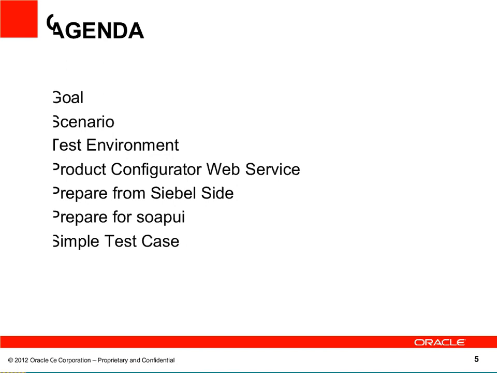Then I will describe a little bit the product configurator web service, what we need to do to set it up from the Siebel side, and then how we can get it running, how can we use it, how can we test it. We need some kind of a front end, and the good choice is soapui, so I will tell you a little bit about soapui as well, and after that we can go into a simple test case.